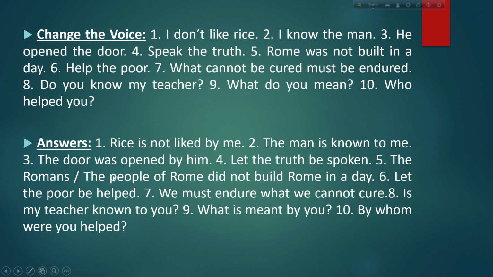The Romans or the people of Rome did not build Rome in a day. This is active voice. Number 6, help the poor, imperative. Let the poor be helped. Number 7, what cannot be cured must be endured. So we must endure what we cannot cure.